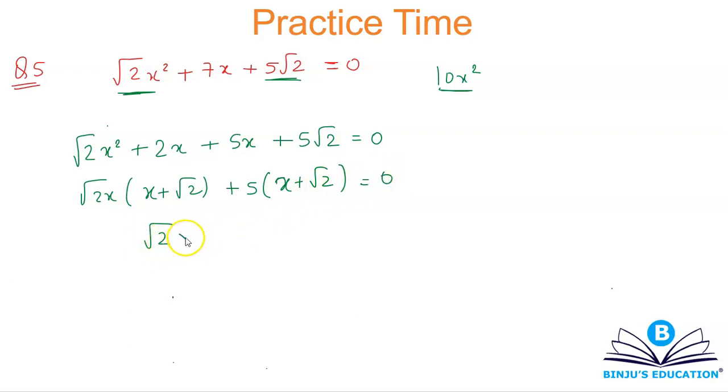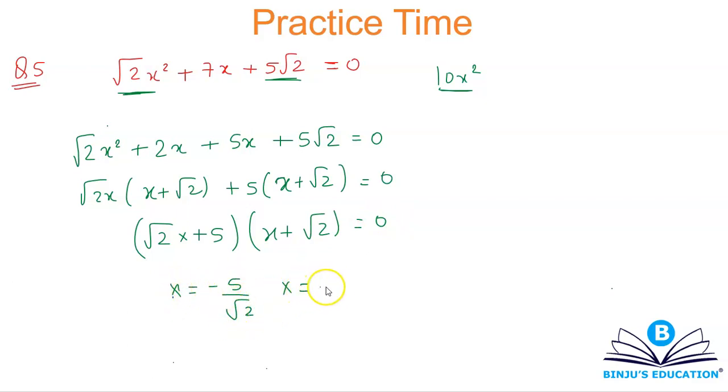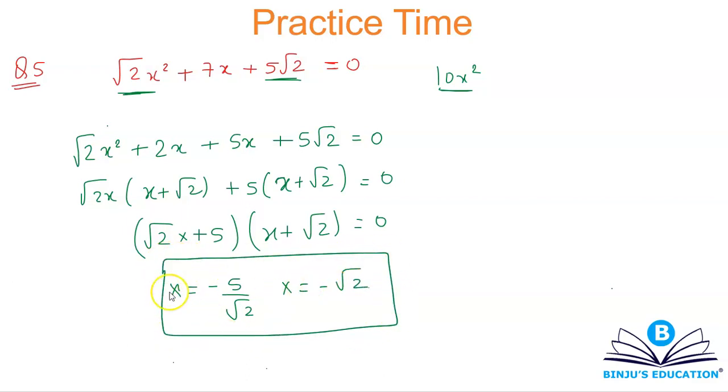You're going to have root 2x plus 5 into x plus root 2 is 0. You're going to have x as minus 5 by root 2 and x as minus root 2. But whenever you see irrational numbers, this method doesn't strike us.